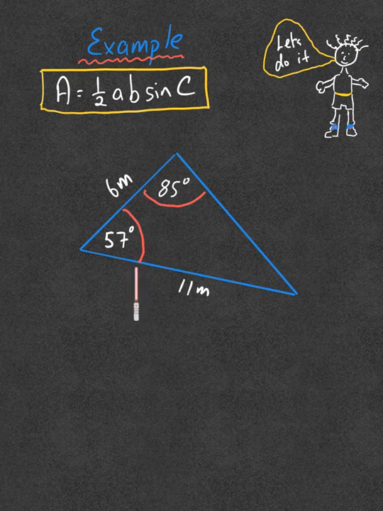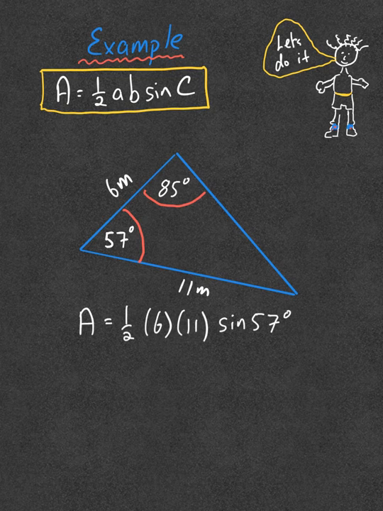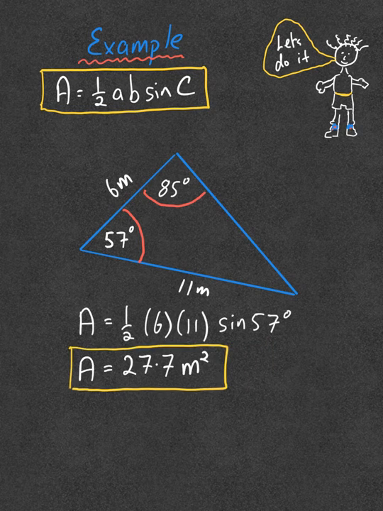So it's the 57 degrees that we'll use here. So substituting in, we get a half times 6 times 11 times sine 57 degrees, giving us 27.7 meters squared. Please remember the correct area units here. So here we're working in meters, so our area unit is meters squared.